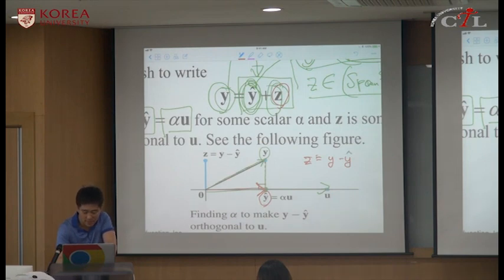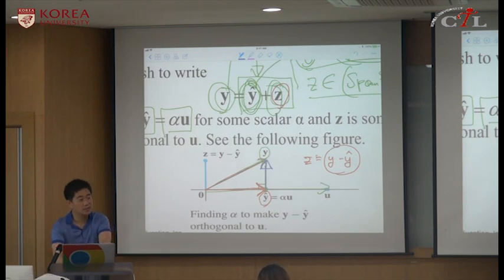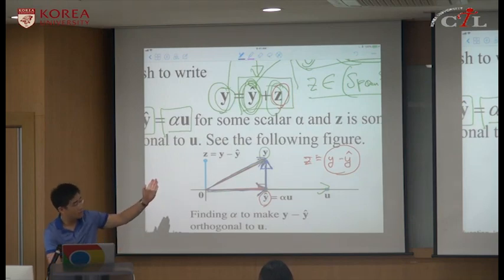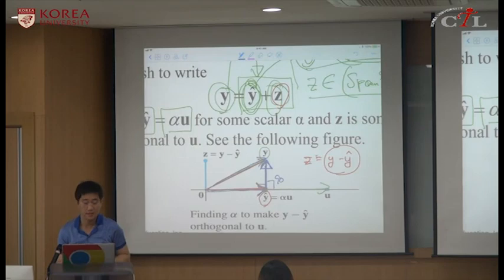We have y here, and y hat here, and y minus y hat, the remaining component, will be this vector. So we are basically representing one single vector as the first vector that is spanned by u, and another vector, and these two vectors, the horizontal and the vertical one, will have 90 degrees.